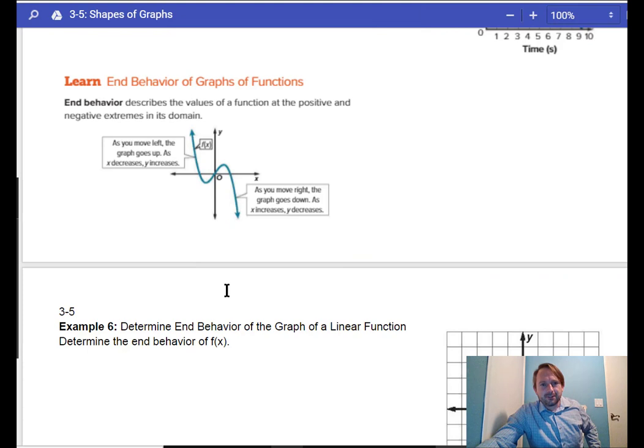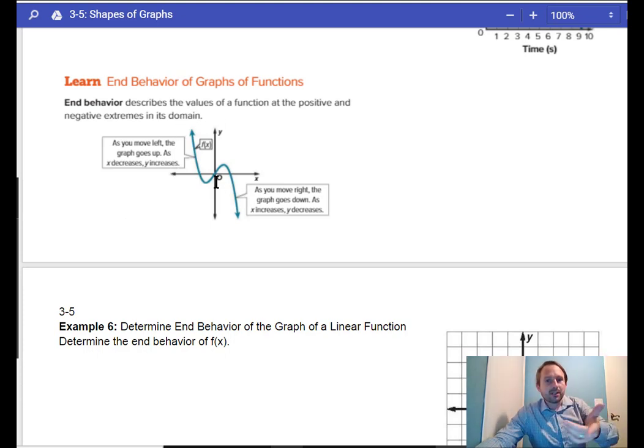End behavior. End behavior describes the values of functions at the positive and negative extremes in the domain, or the input, the x values, as we go all the way to the left or all the way to the right. It's the end behavior. As we move left, as x decreases, y is increasing.